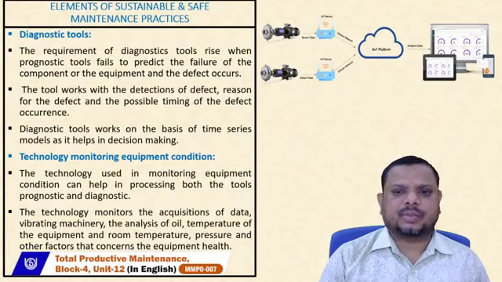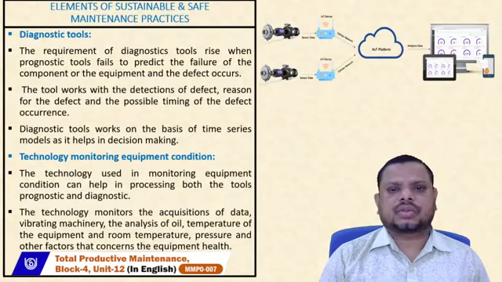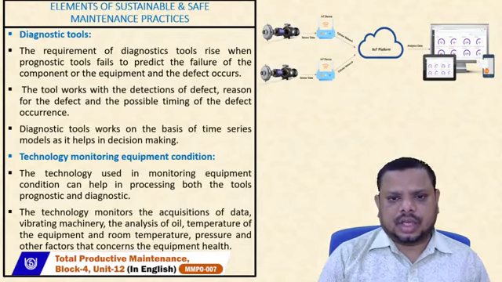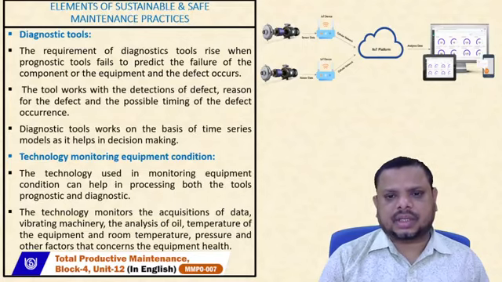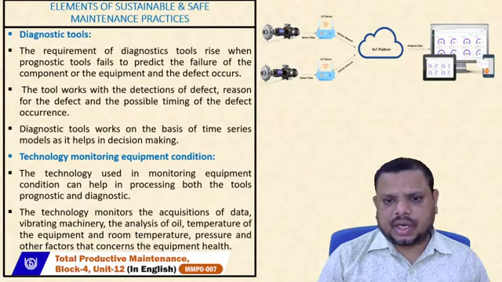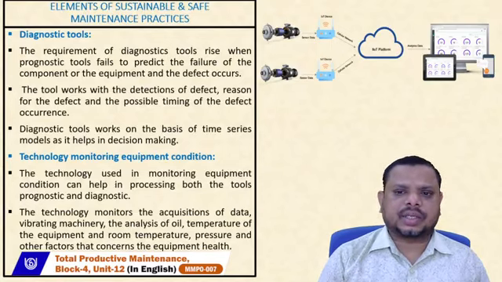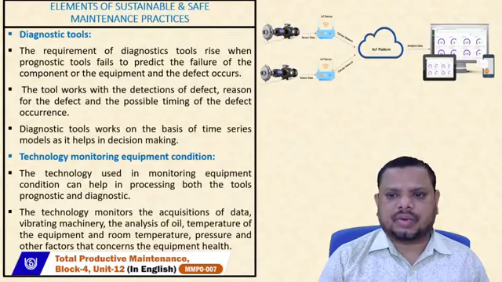So let's take an example of diagnostic tools. These diagnostic tools are basically equipped with a large amount of sensor data, where the sensors collect the data. That data goes to the Internet of Things devices, and these IoT devices directly go to the IoT platforms.